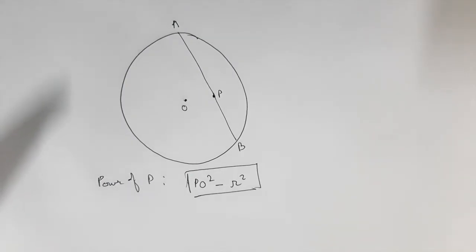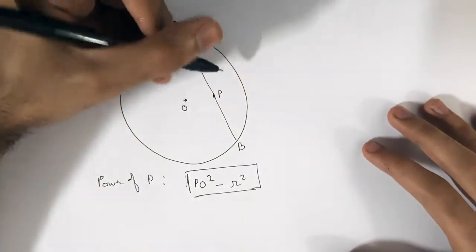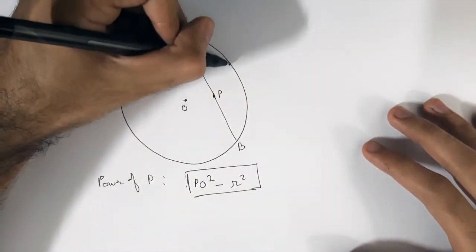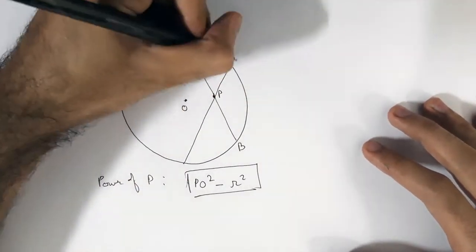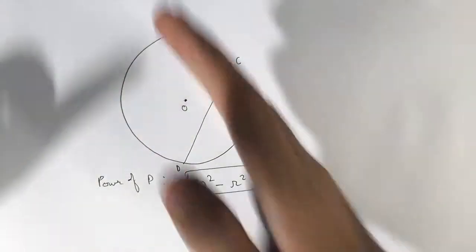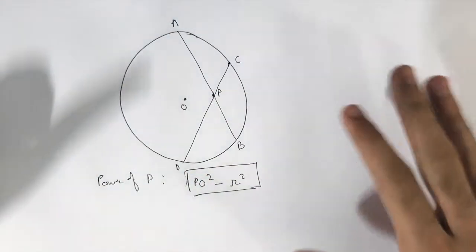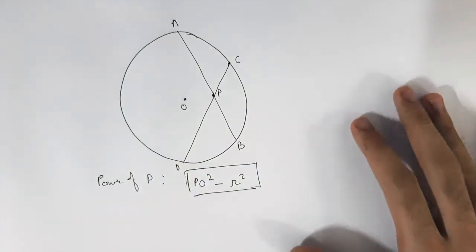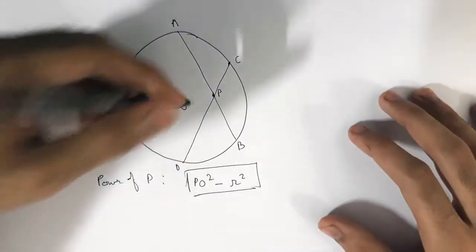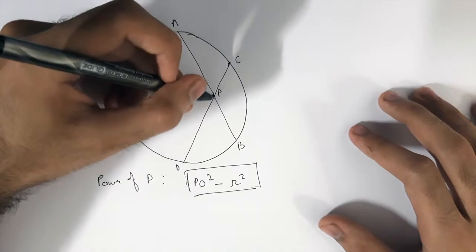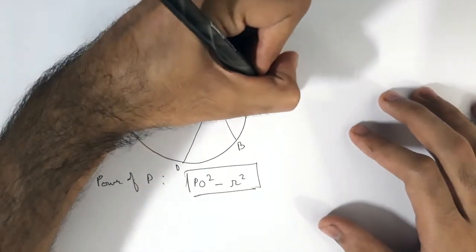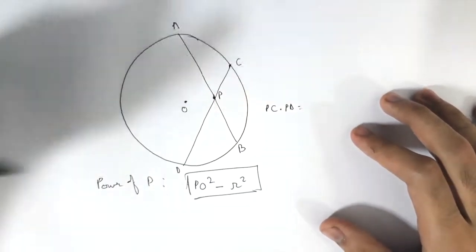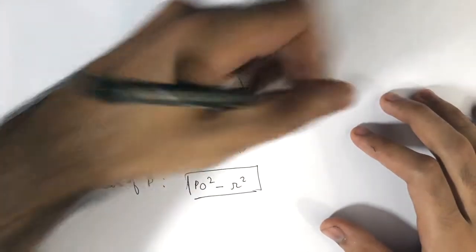But the really interesting thing we're able to do with it is that if we draw another line here, basically we have any n number of lines passing through P and intersecting the circle at two different points, we can say that PC into PD is equal to PA into PB.